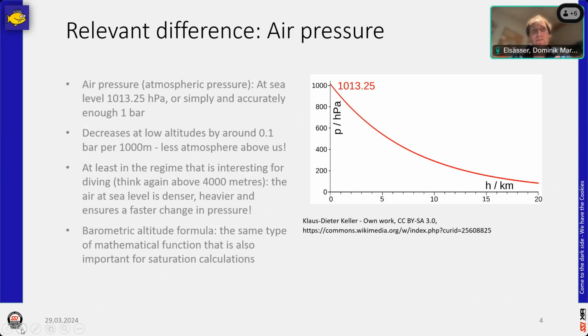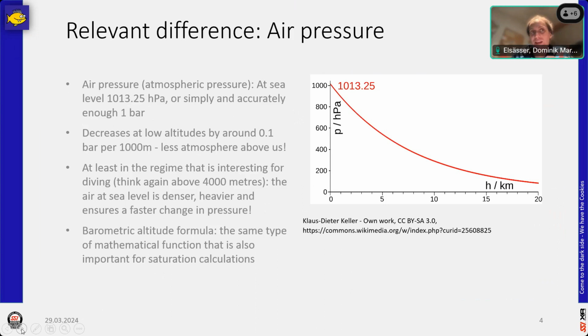So if we stay in this regime, let's say up to 3,000 meters or so, which is mostly what concerns us for diving at altitude, then it's quite okay to say that for every 1,000 meters we gain, the ambient atmospheric pressure decreases by 0.1 bar. Of course, 5.5 kilometers would be decreasing 5 times by 0.1 bar, and then you add half a bar roundabout by this approximation. So that's not so bad, and that works relatively well.